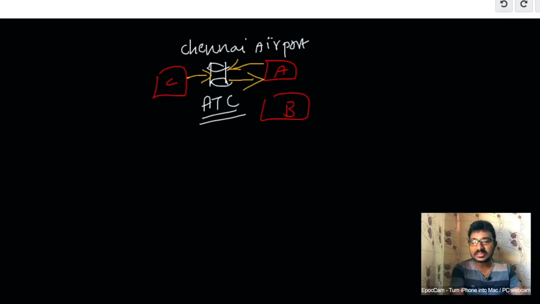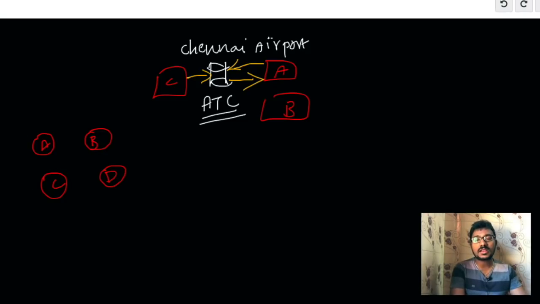We can consider another example, where multiple objects are trying to communicate with each other. A, B, C, and D. These are the 4 objects that are trying to communicate with each other.